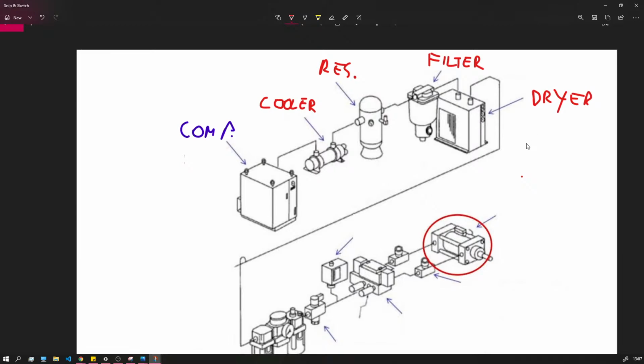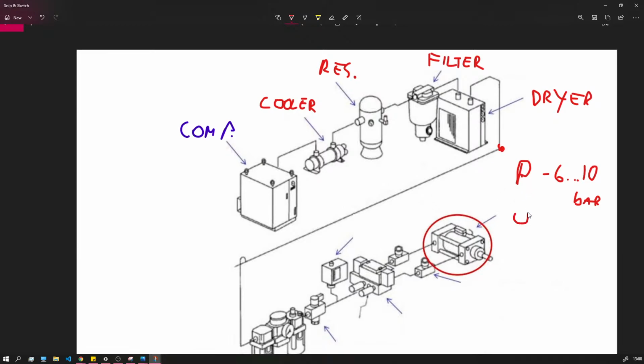So for the production side, the main goal is to provide the system with air that meets the requirements of the system. The air must meet some quality figures, for example, 10 bars of pressure, the system pressure that goes into the distribution network.